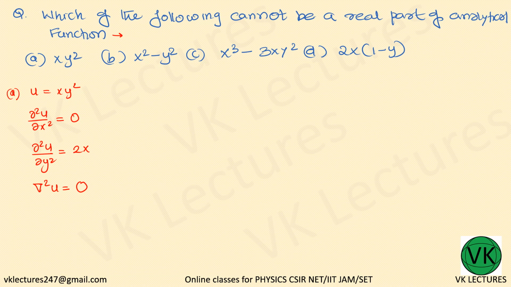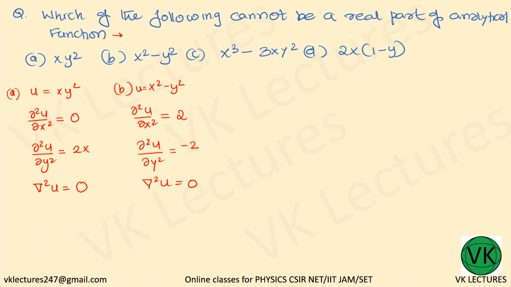Now option b, u equal to x square minus y square. Dou square u by dou x square is 2, and dou square u by dou y square equal to minus 2. Here del square u equal to 0.